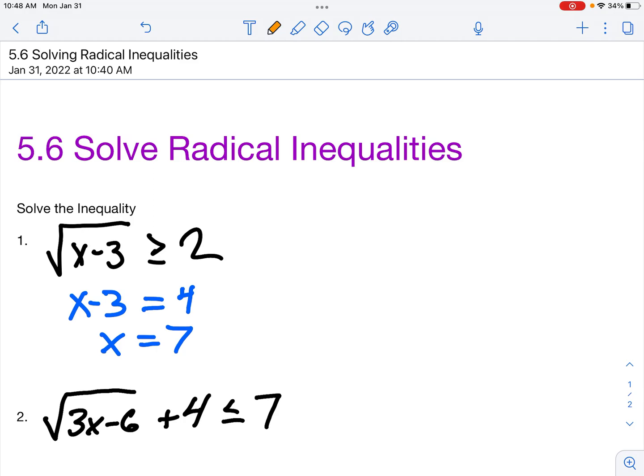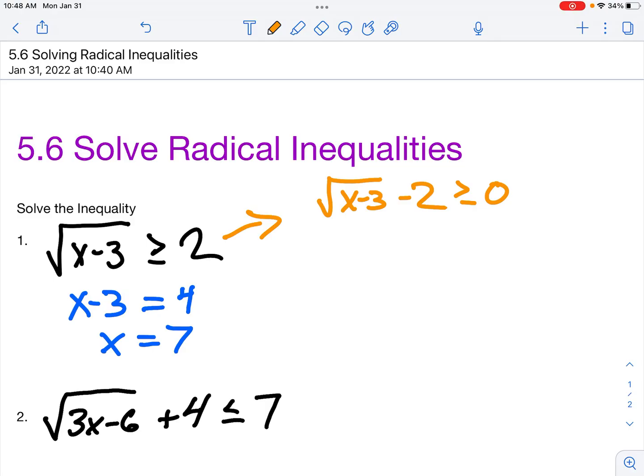If I take a look at this equation as a graph, it would be similar to saying the square root of x minus 3 minus 2 is greater than or equal to 0. So going back to our mindset of quadratic inequalities, I could think about the graph a little bit.